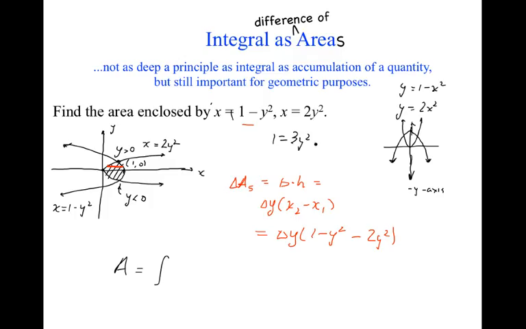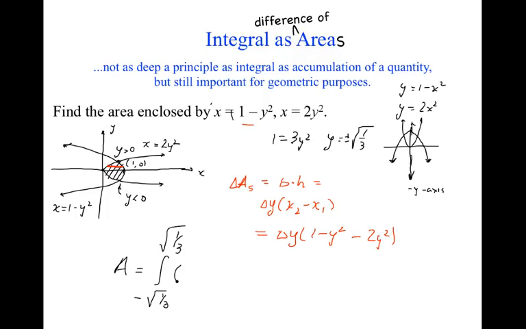So that's the square root of 1/3, plus or minus. So this y-coordinate down here is the negative square root of 1/3. And this y-coordinate up here is positive square root of 1/3.